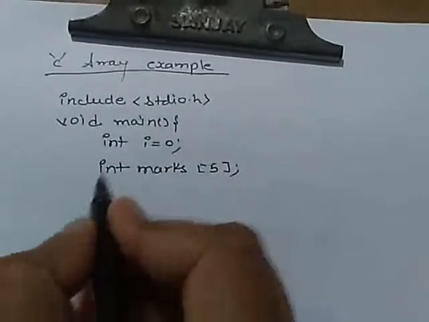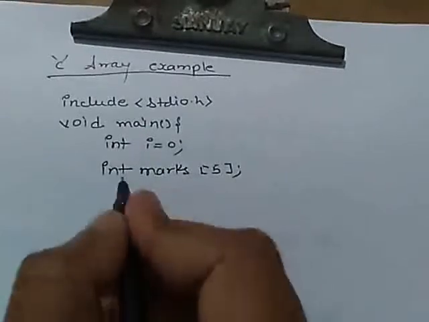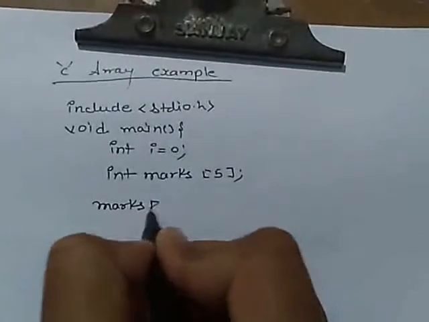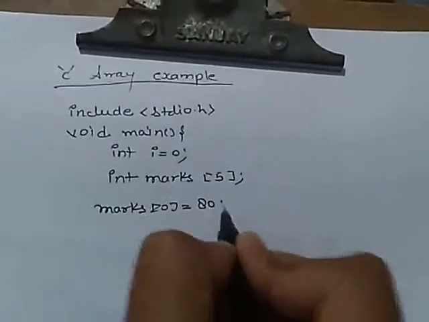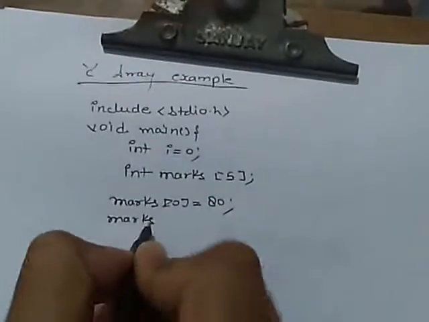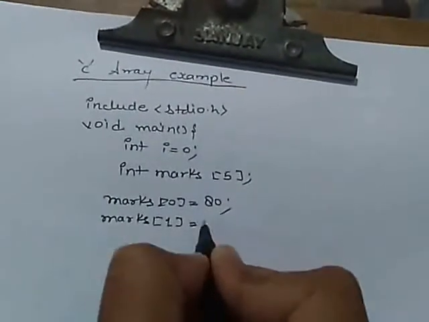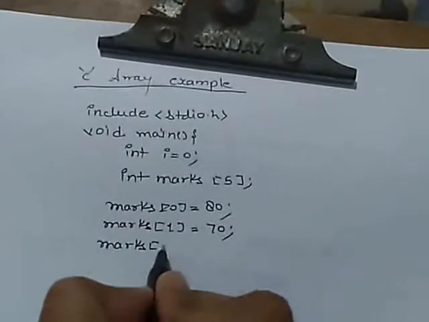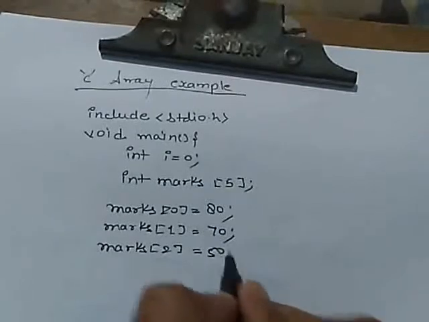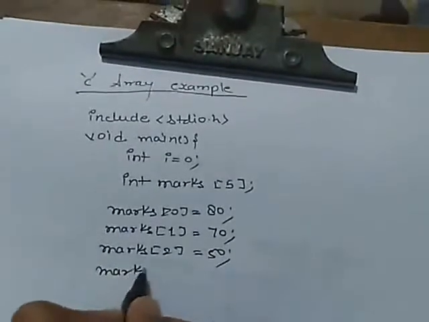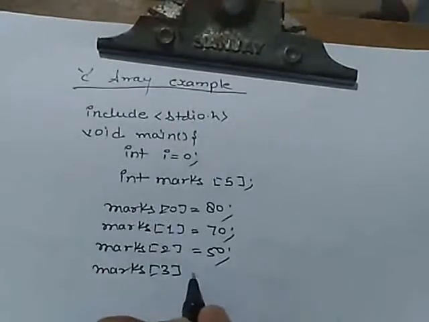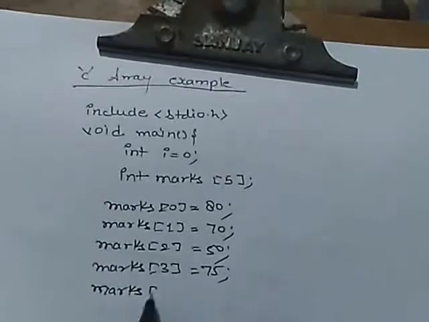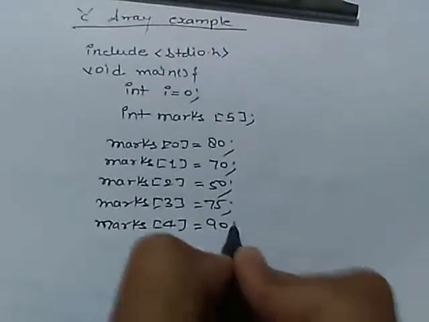Then again, first we have to do the direct initialization. So that is marks[0] equal to 80, index at location 1 that is equal to 70, at location 2 that is equal to 50, at location 3 that is equal to 75, and at location 4 that is equal to 90.